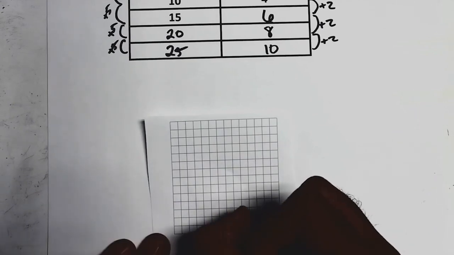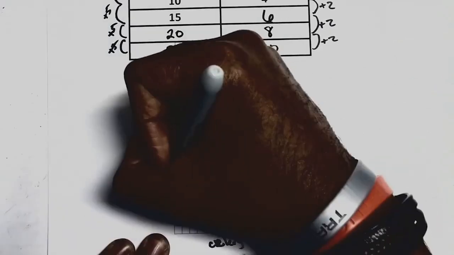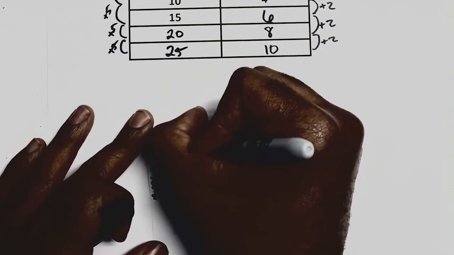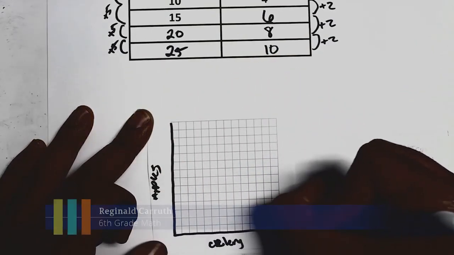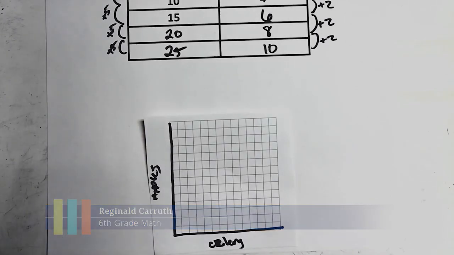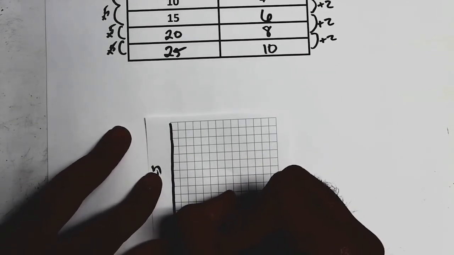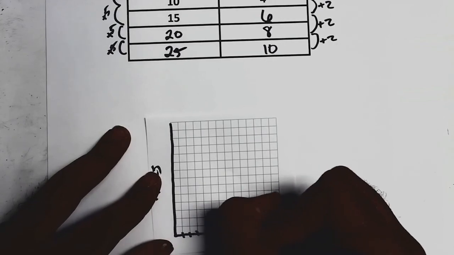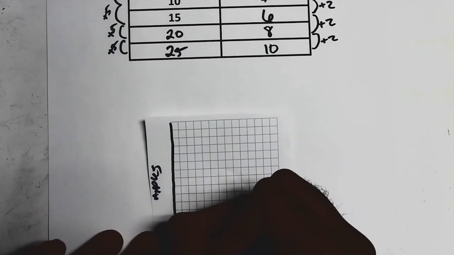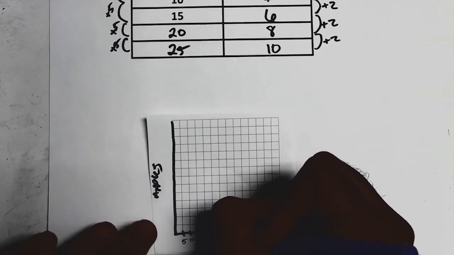So if I were to draw or graph this information, I know that this is my celery, and this is my apples. What can I scale my x-axis by? Correct, I should go by 5s. So that's gonna represent 5, 10, 15, 20, 25.